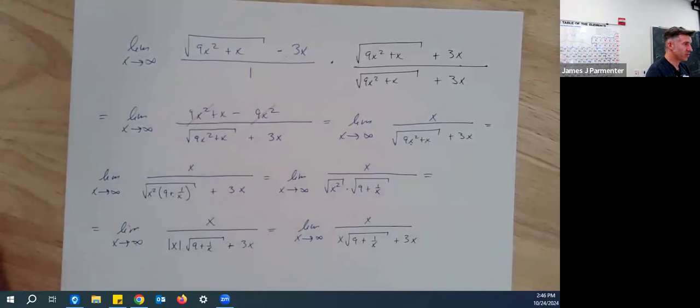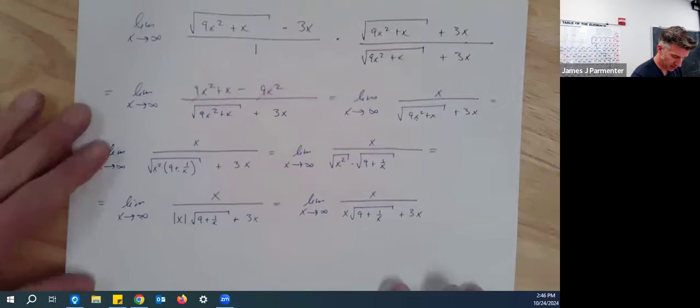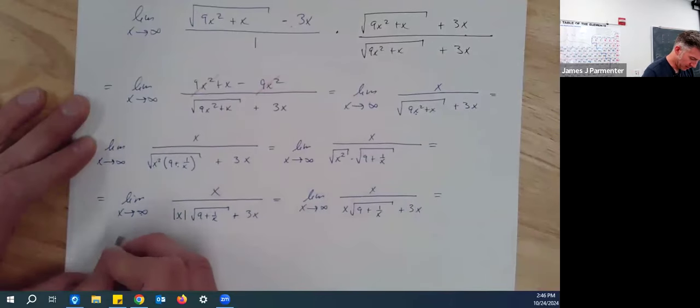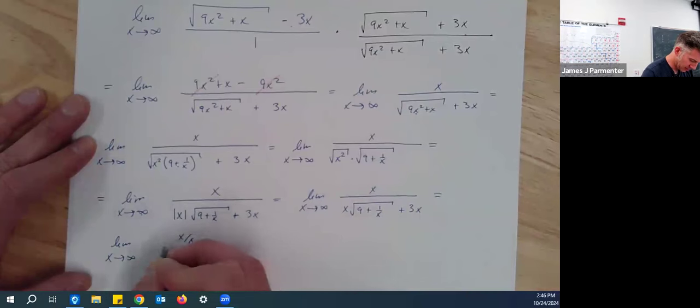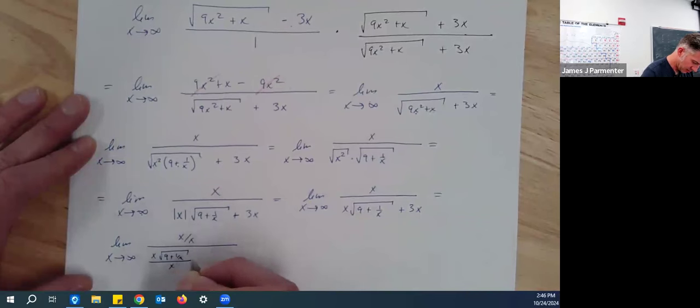Now we're in the situation where you can essentially divide everything by x to the highest power, which is x to the first. So now I'm going to write this as the limit as x goes to infinity of x over x times the square root of 9 plus 1 over x plus 3x over x. x over x is 1, x over x is 1, x over x is 1.